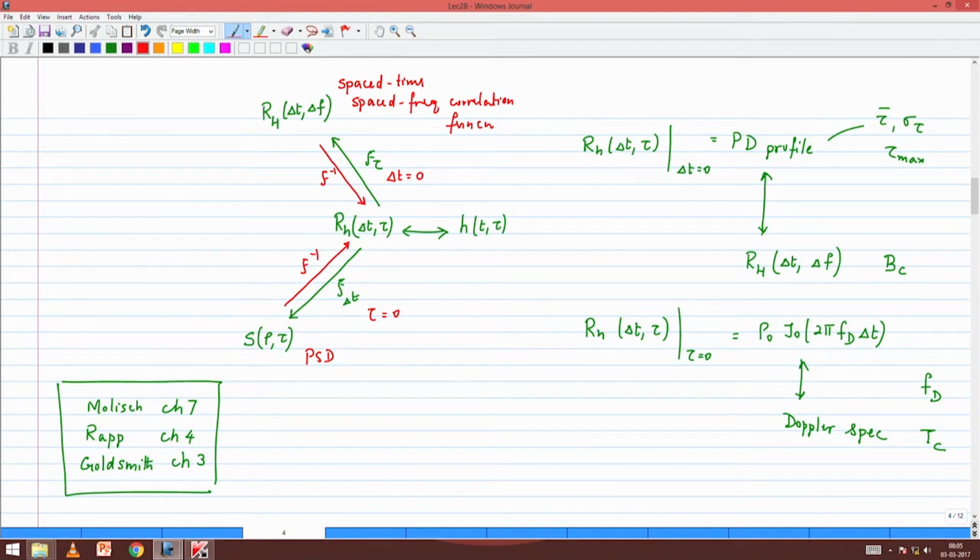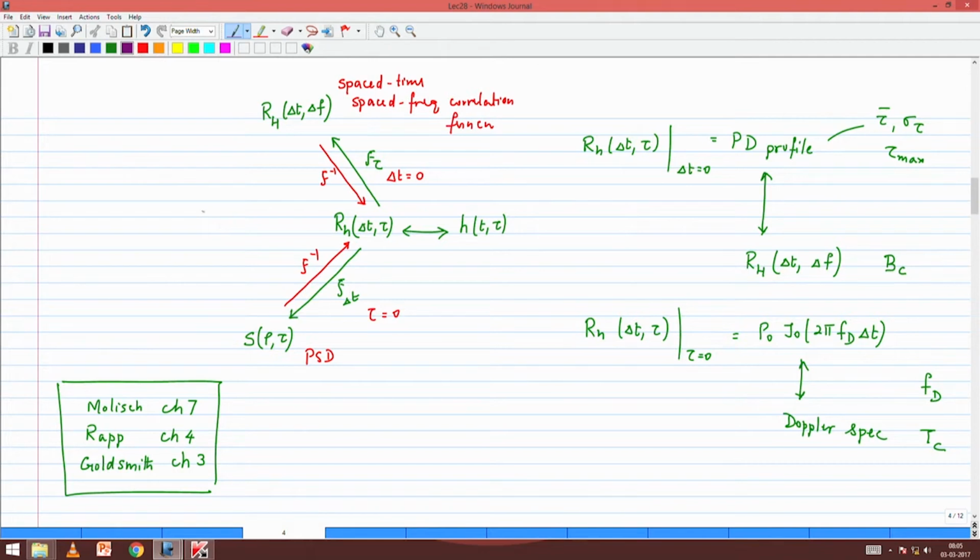And maybe there is an interesting question, that there are two variables. On one side you took the Fourier transform of one, on the other you took the Fourier transform of the other. Now, what if you took the other dimension Fourier transform, the second 2D Fourier transform? It turns out that yes, you can do that. So basically, in this case, I have taken with respect to tau, then I have to take the Fourier transform with respect to delta t.